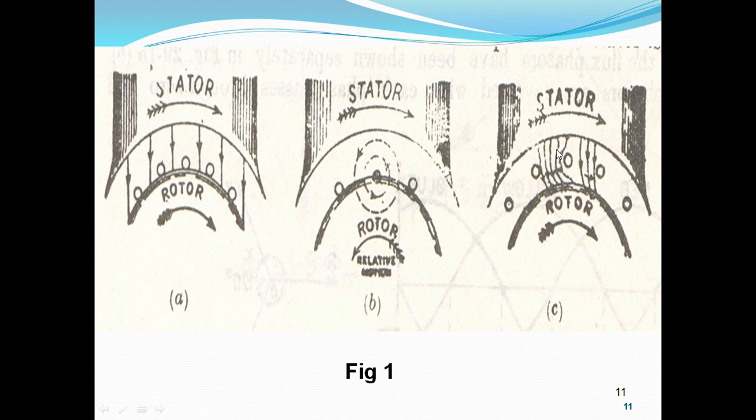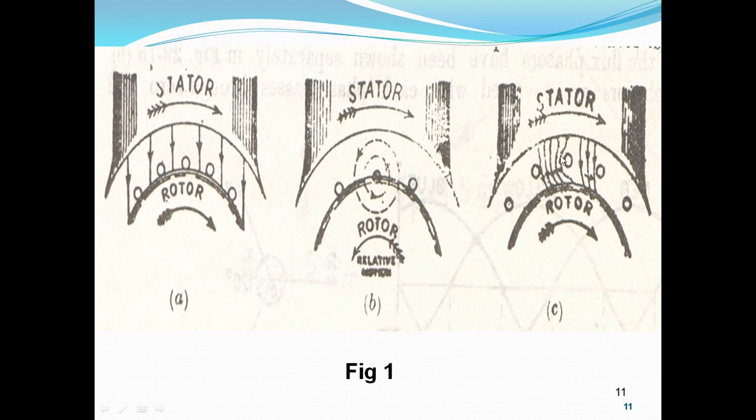And on the left hand side, both the stator flux and the rotor flux are in the downward direction. Then the resultant flux is strengthened at the left hand side. It is weakened on the right hand side and strengthened on the left hand side.